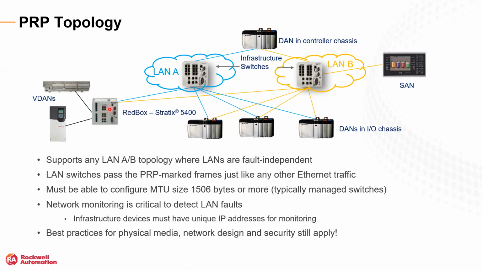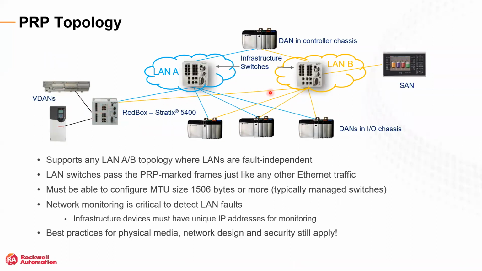We can dedicate 2 ports on this switch as PRP ports, one for LAN A, one for LAN B, and it brings those 2 independent LANs back together again. Then we can attach these non-PRP supporting products to this switch.